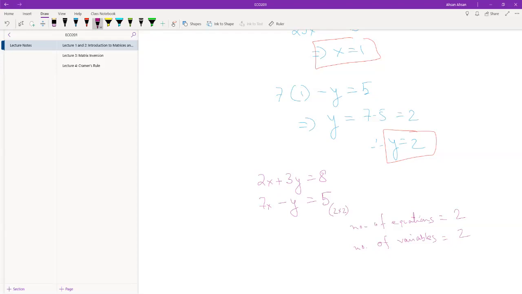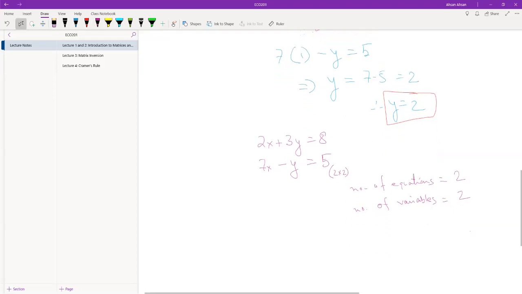Whenever we have the number of equations which is less than or equal to the number of variables, we can solve this. Or I'm sorry, I said it the other way around. What we need is the number of equations to be equal to or more than the number of variables.